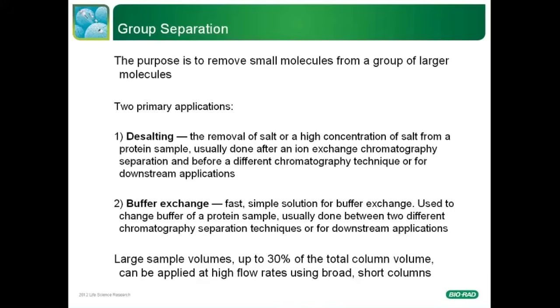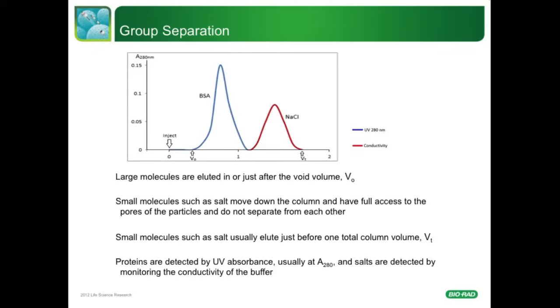Large sample volumes, up to 30% of total column volume, can be applied at high flow rates using broad short columns. So this is different. In group separation, you can load up to 30%, while in high resolution fractionation, it's recommended that you load 1 to 2% of your sample in order to get high resolution separation of the different biomolecules from each other.